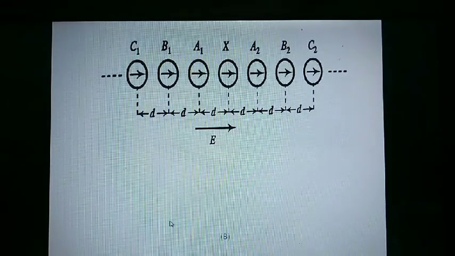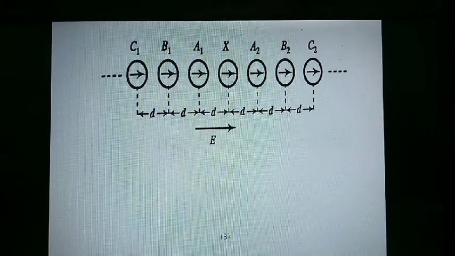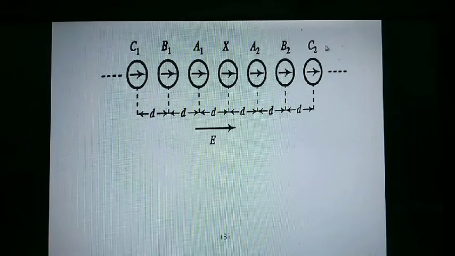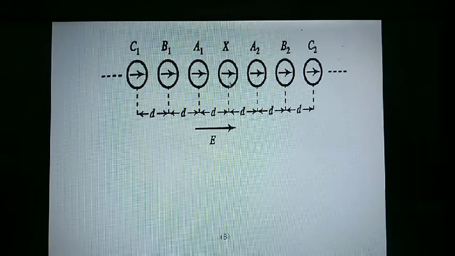Now let us look into a derivation wherein we are going to derive the expression for the internal electric field at a given point within the dielectric material. This diagram shows an array of the dipoles. X is one dipole.